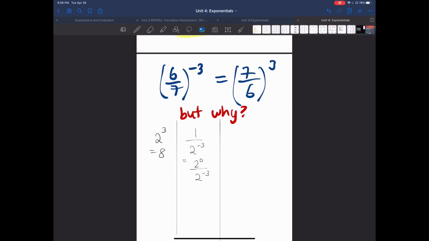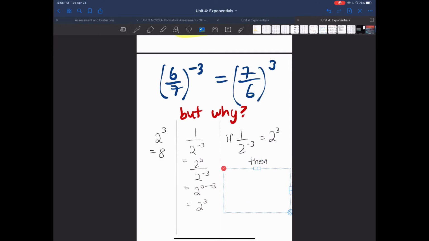And then I can apply the quotient rule. The quotient rule says to subtract the exponents of the base. So then you get this: 2 to the exponent 0 minus 3 equals, well, then you get 2 to the exponent 3. So from here, based on the quotient rule, I get that 1 over 2 to the negative 3 equals 2 to the 3. Well, if in fact 2 to the negative 3 is equal to 2 to the 3, what can we say about its reciprocal?